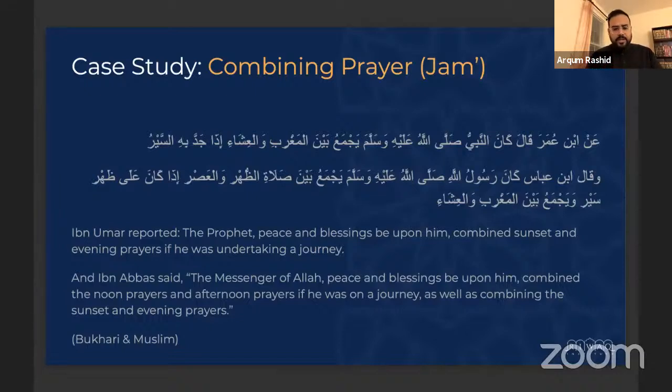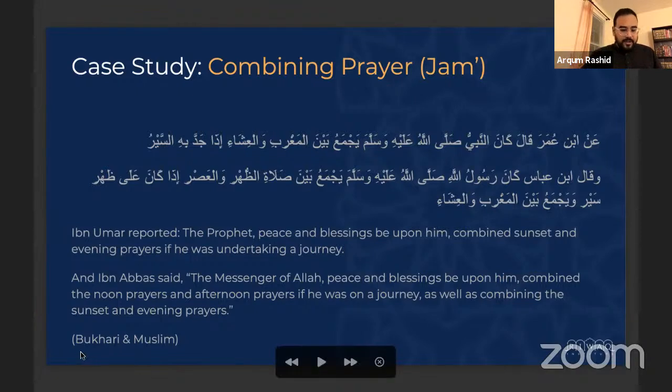The second narration, Ibn Abbas radiallahu anh, states that the Prophet ﷺ combined the noon and afternoon prayers, meaning Dhuhr and Asr prayers, when he was on a journey, as well as combining the sunset and evening prayers, meaning Maghrib and Isha. So this is a hadith that talks about the Prophet ﷺ's actions of combining the prayer.